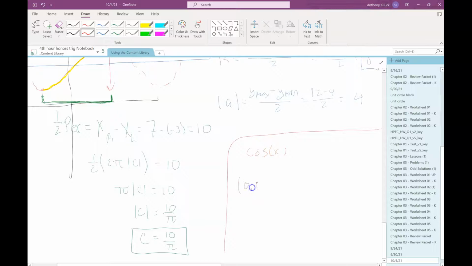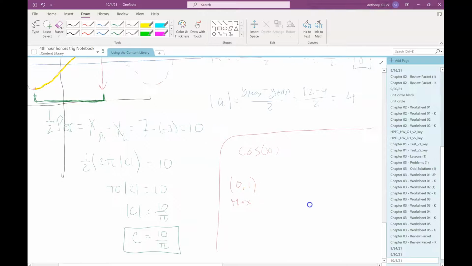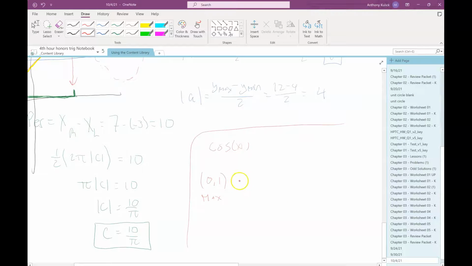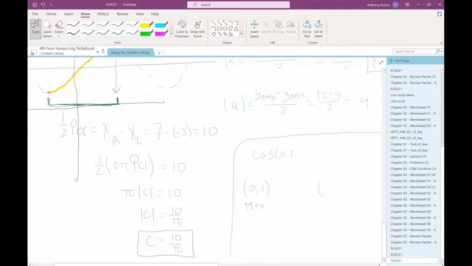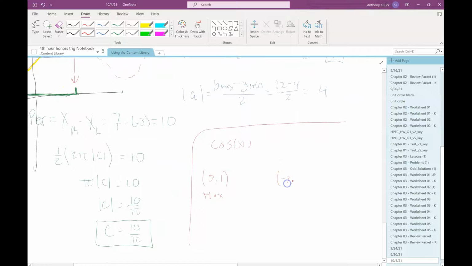So (0, 1) is my preferred point to use, and I like it because it's relevant this time because it's a maximum. And I could match this up with either one, it doesn't matter. Let's just say for the sake of argument, I'm going to use the first one, (-3, 4), just because I wrote it down first. That was a minimum.